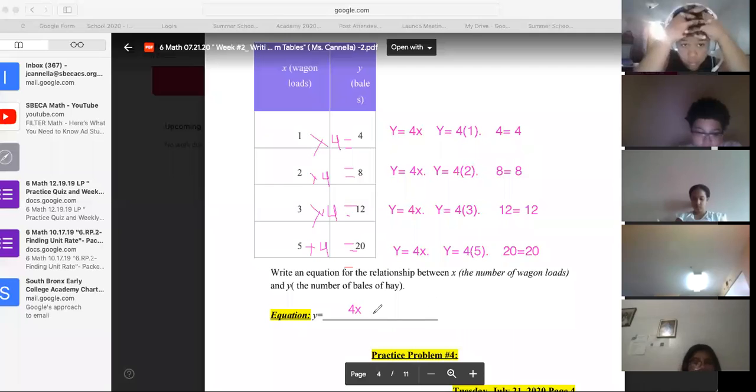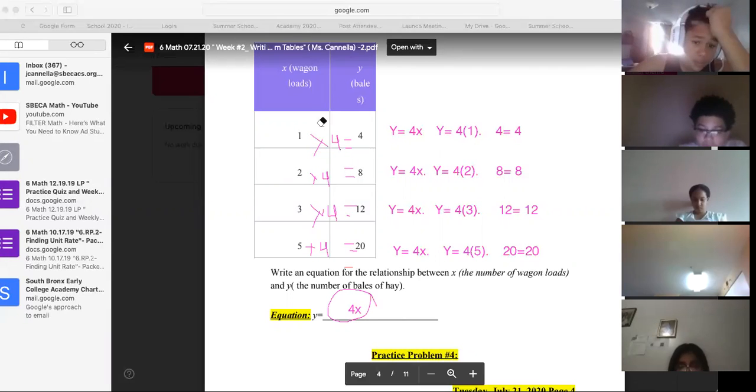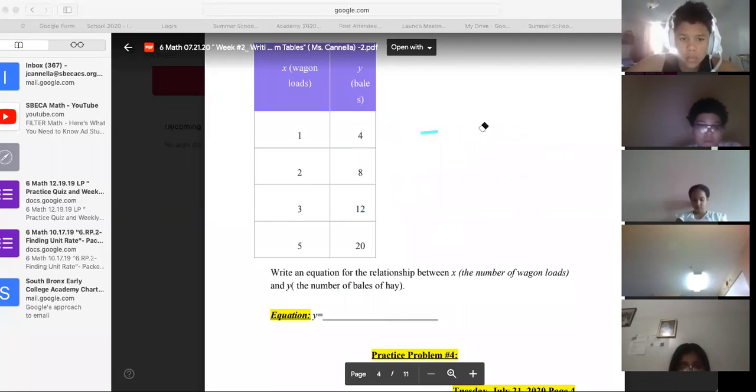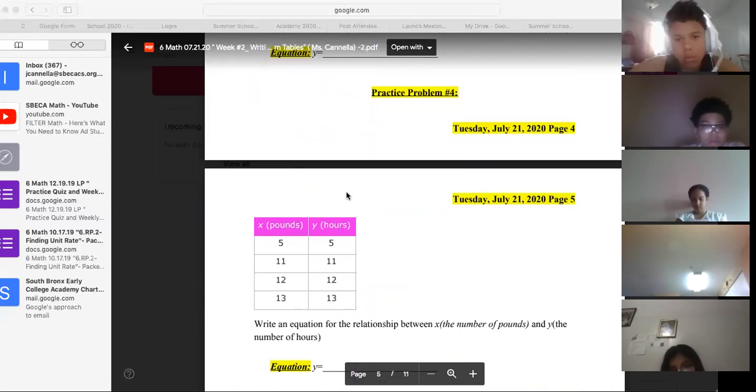I used my equation, and anytime I saw x, I substituted the number. So x is 5, 4 times 5 gives me 20, and so on. That's what we did here. Anyone have any questions, comments, concerns? Pretty simple, right? We've done this this school year, if you recall.